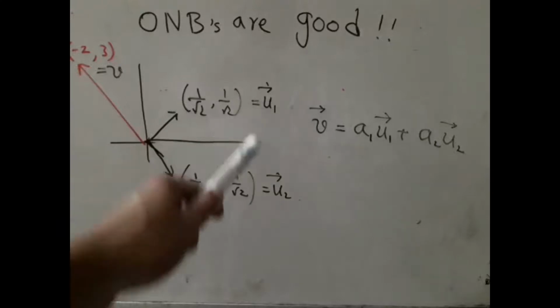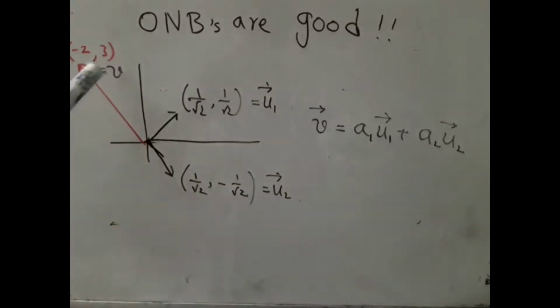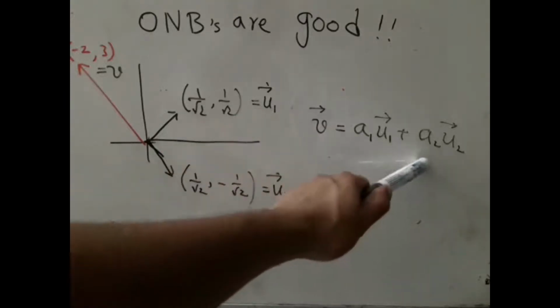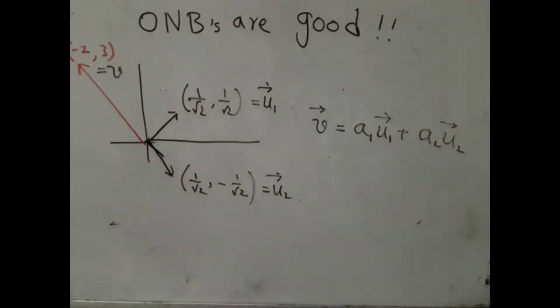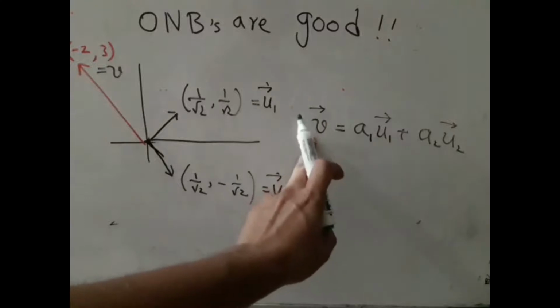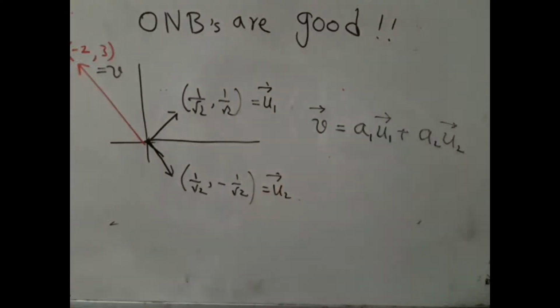I call this O and B U1, U2 and this new vector V. In that case, I am looking for A1 and A2 that satisfy this equation. Now, instead of solving two equations in two unknowns, I shall do something which is available only for orthonormal basis. Namely, I shall take the dot product of both sides with U1.